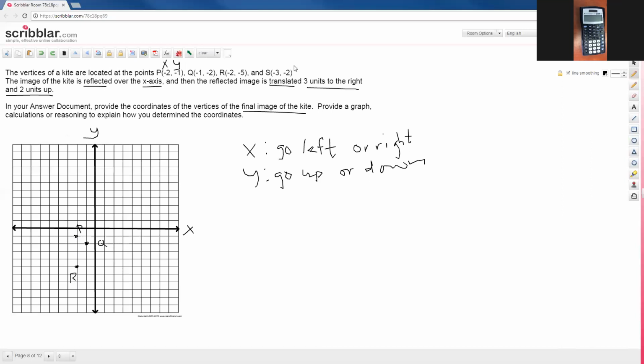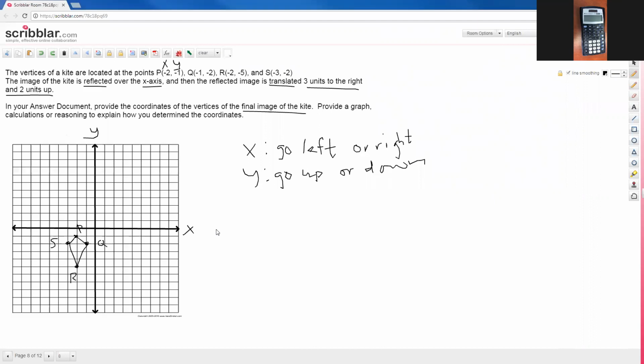And point S is -3, -2, so left 3, down 2. So for each point, I always went back to the center, or the origin. So now that we have our shape, we need to follow the instructions.